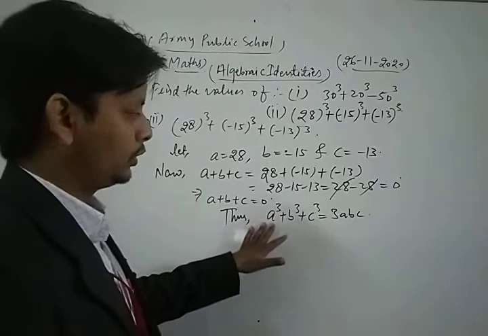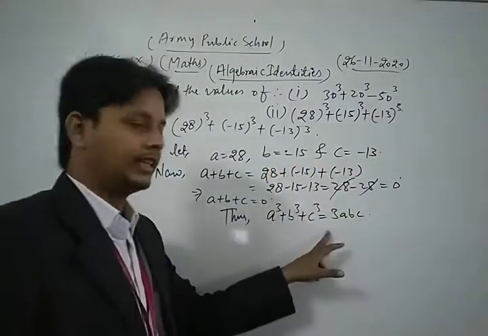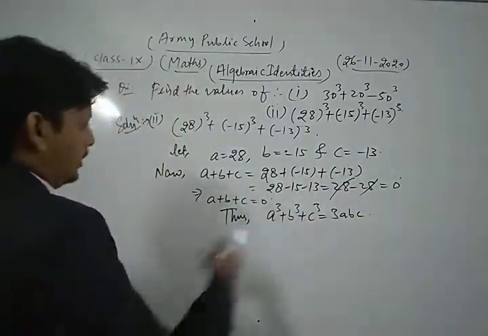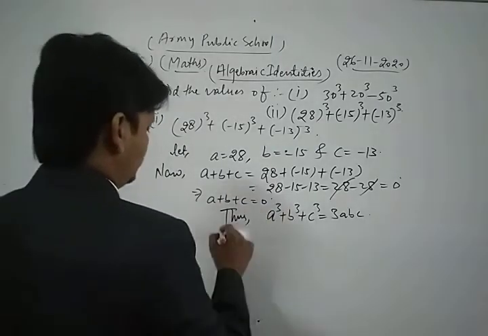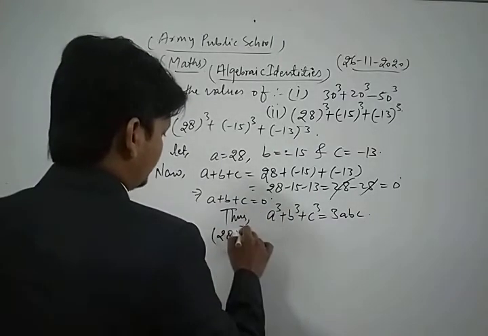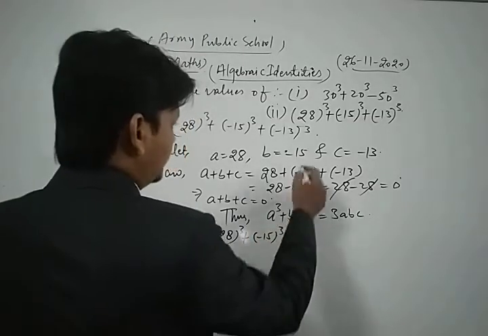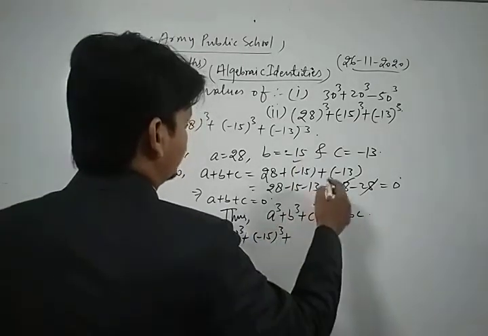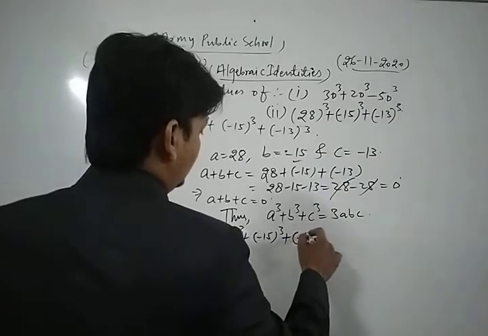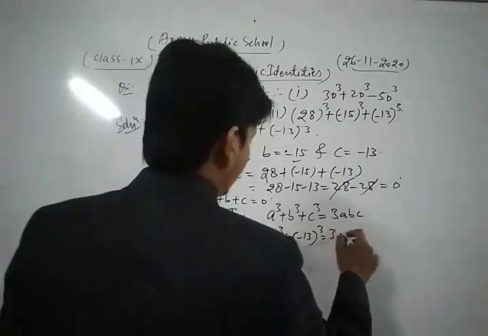Now we put the values of a, b and c in that result. Thus we get A cube means 28 cube, b cube, the value of b is minus 15 cube, plus c cube, the value of c is minus 13 cube, is equal to 3 into ABC.